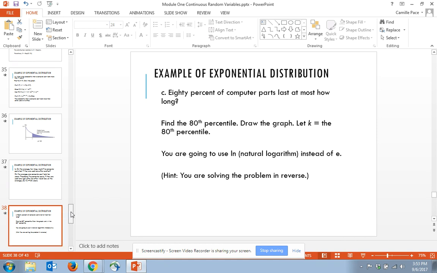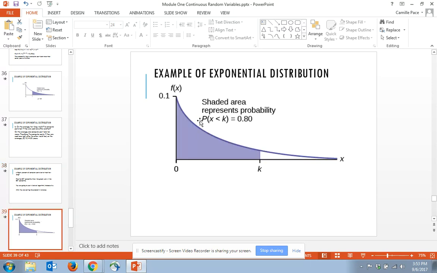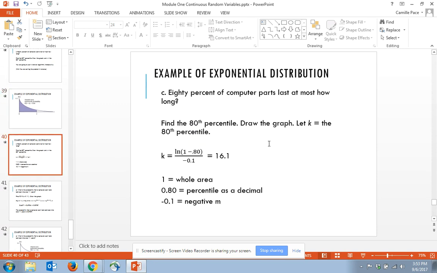For the 80th percentile, I've got to use the backwards formula basically. So I'm going to use ln, which is natural log, instead of e. I'm solving it in reverse. I want the 80th percentile, which would be k. This is the formula for it.